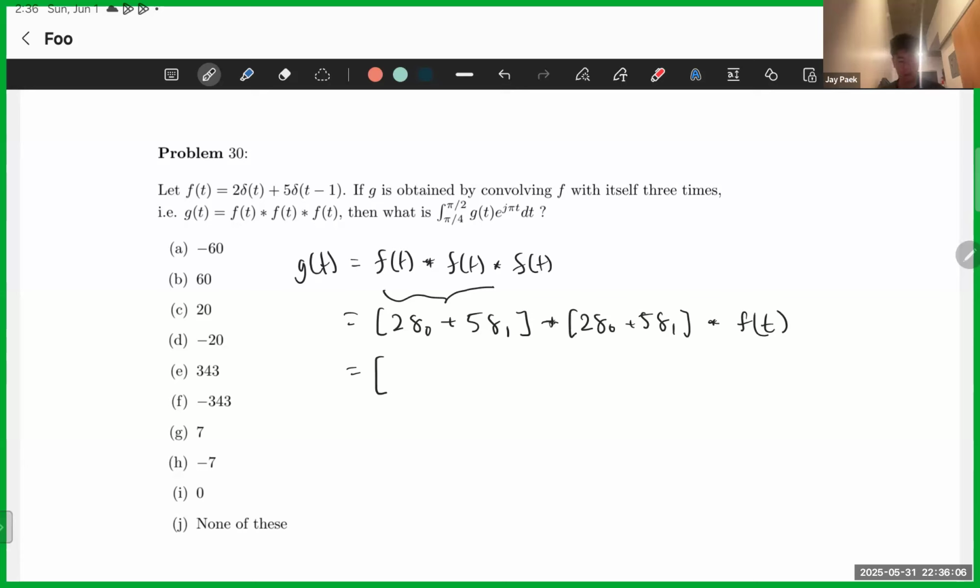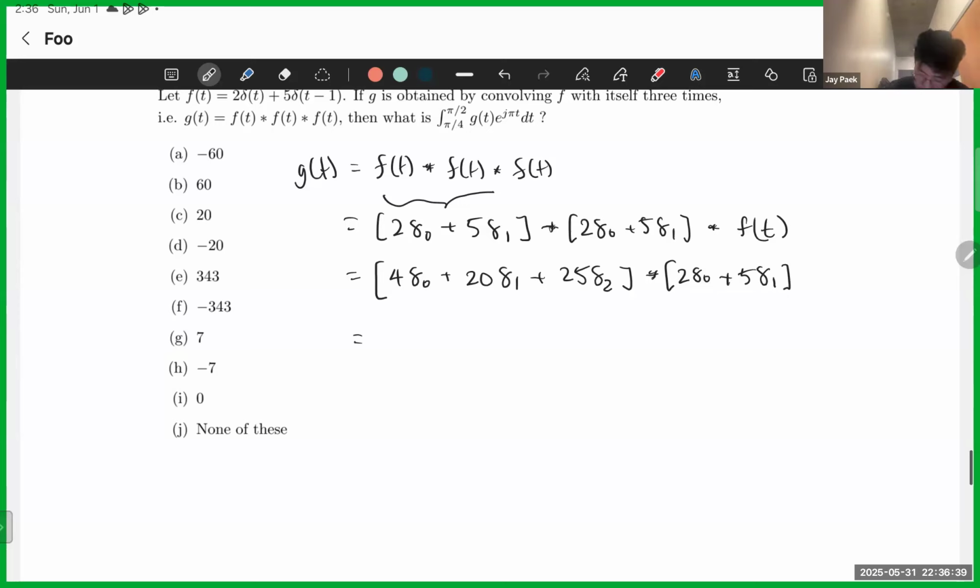We want to do it in the most optimal manner possible. We do it like polynomials. This is 4 delta at 0 plus, using FOIL, the insides and outsides will both become delta at 1, so 20 delta at 1 plus 25 delta at 2. And now we convolve that again with 2 delta at 0 plus 5 delta at 1.